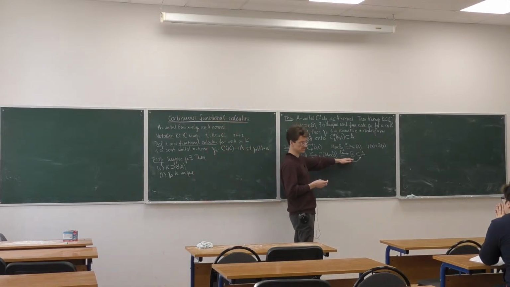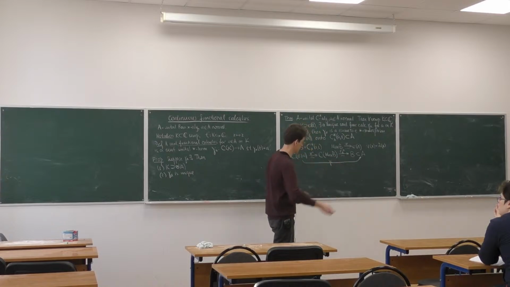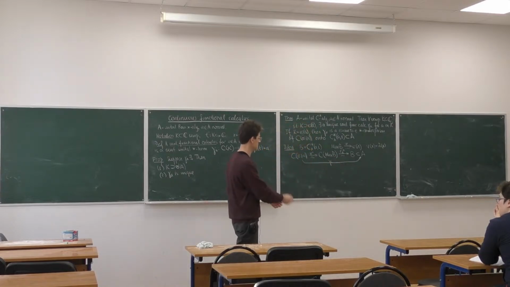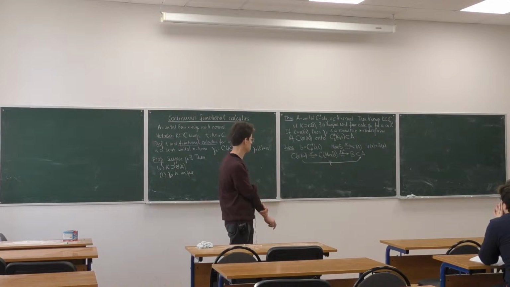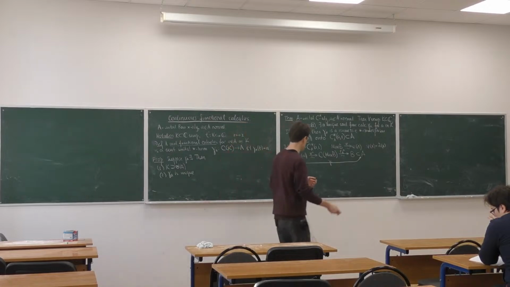The real reason is hidden here. So if gamma is not an isomorphism, then we don't have this arrow. And so the point is that gamma is an isomorphism, so we can take the inverse map. In my view, this is the real reason why this theorem is true. So this is the idea.